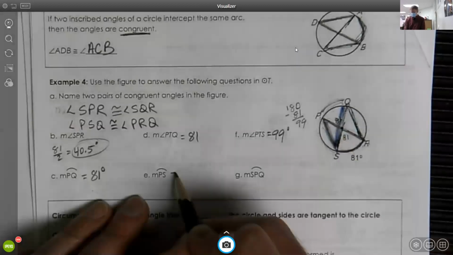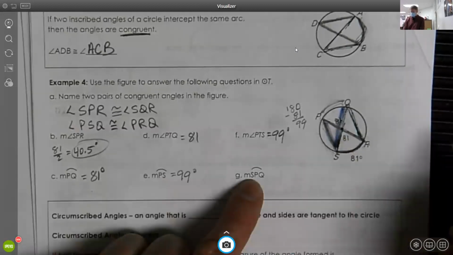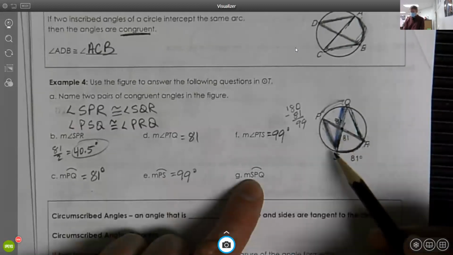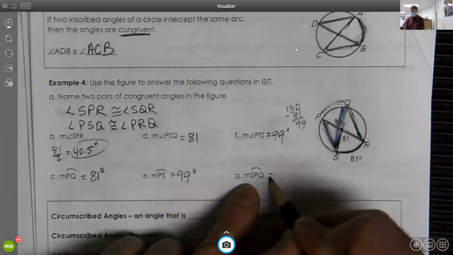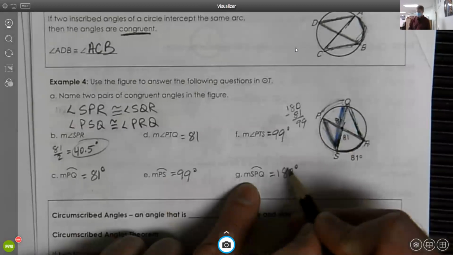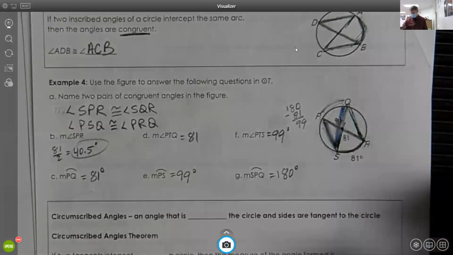So that's going to be 99 also. Then we have SPQ, which is half of our circle, which is called a semicircle. So you've got to look at each one of those values somewhat individually. Look around at the different values that you do know to help you calculate what you are looking for.